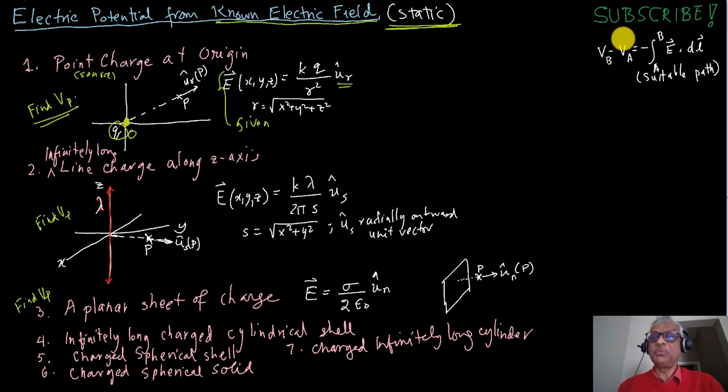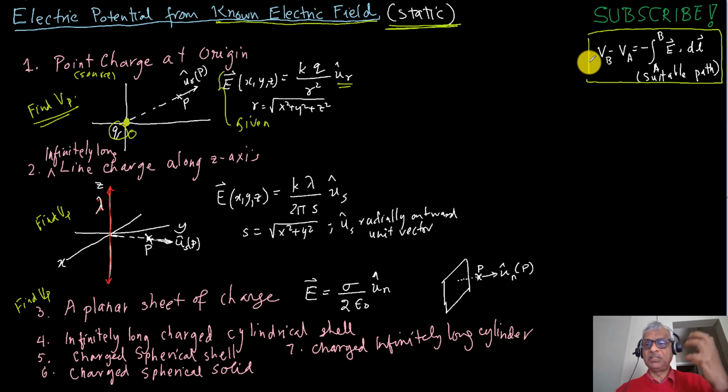So the fundamental formula is this. We talked about a formula like this in another video, on electric field and electric potential relationships, and this is a fundamental relationship that is only true for a static electric field.